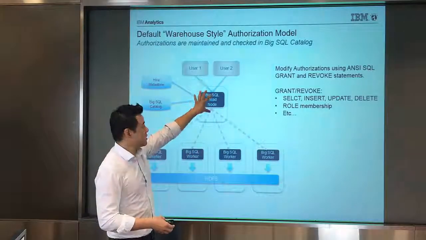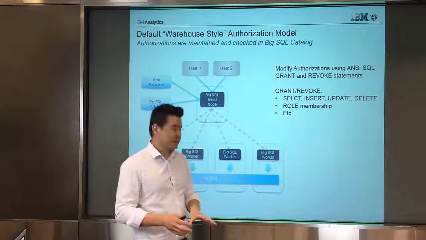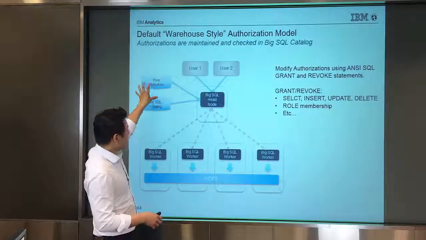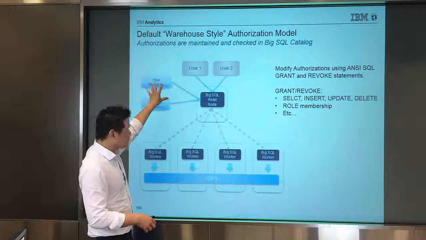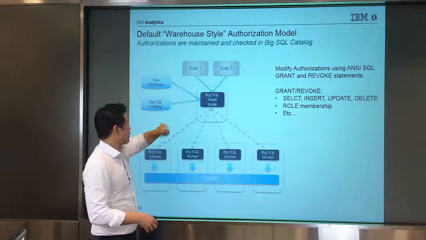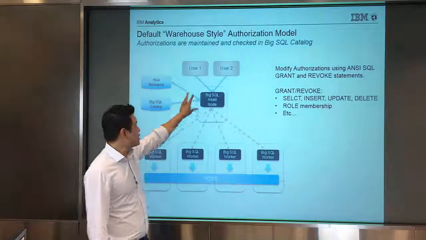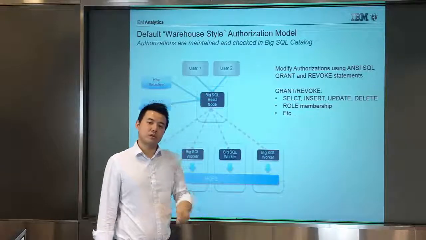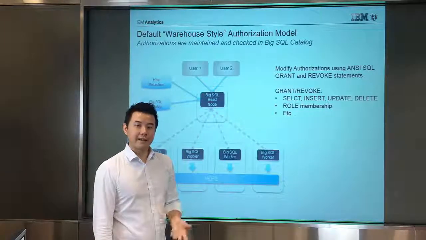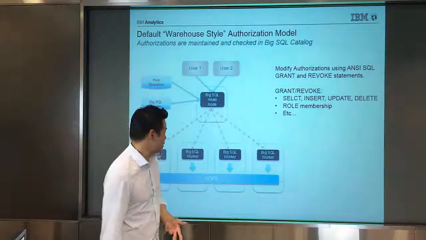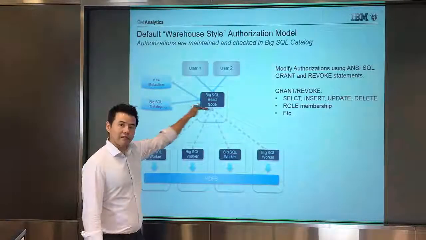When they submit their queries, a combination of things happen. We will check or get information about tables from the metastore if we don't already have it, and we will also look at the catalog to see if these users have permissions to read, write, or modify data in the objects that they're trying to get access to. And this is like the first gate.